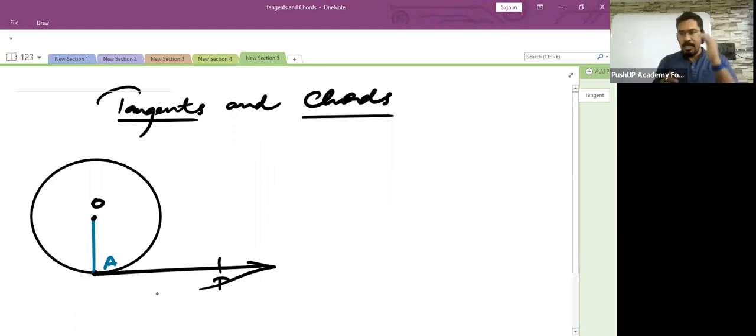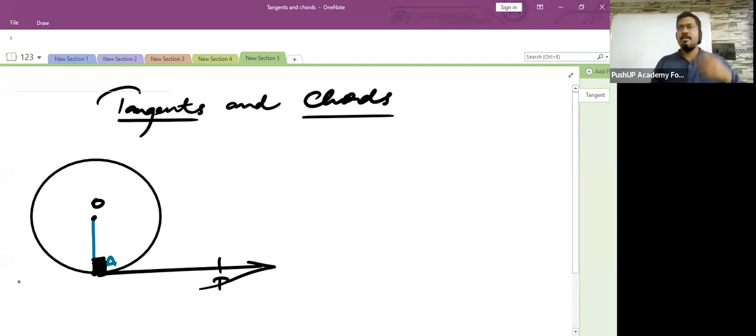So children, if OA and AP intersect each other at this point A, that means the radius and the tangent intersect each other at that point A, then the angle created between the radius and the tangent will always be 90 degrees. Kindly make a note of this.